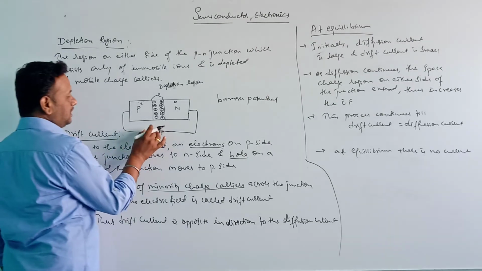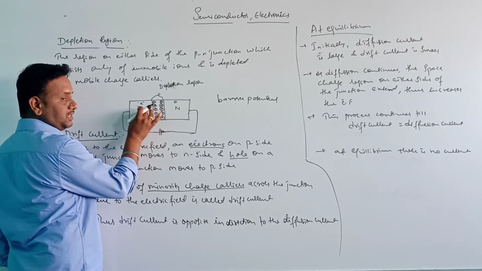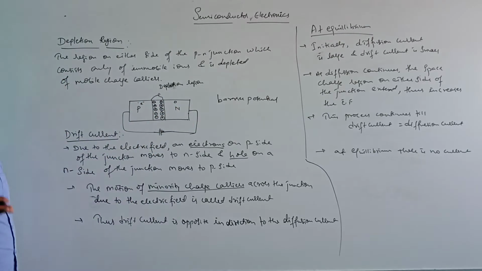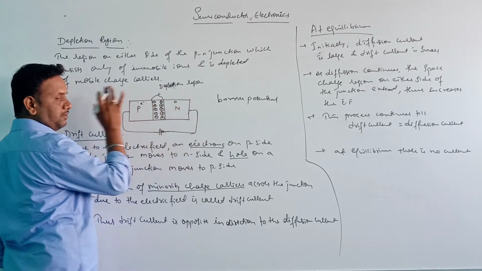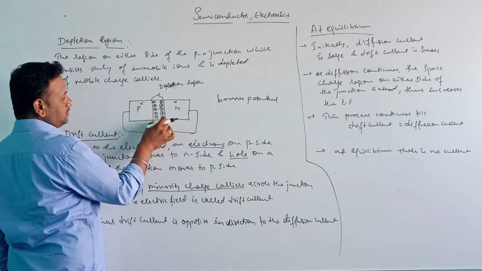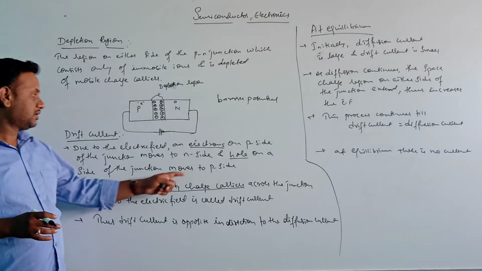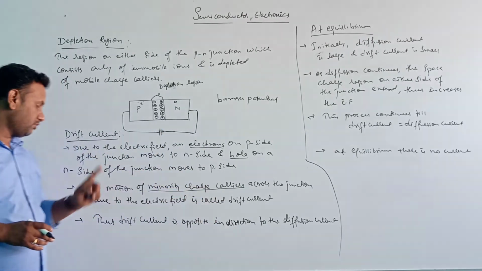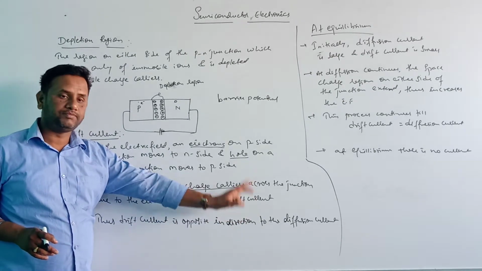Because of this electric field, some minority charge carriers present in the P region are moving towards the N region, and some holes present in the N region are moving towards the P region. That is how, due to this motion, the current is forming here, which is called the drift current.